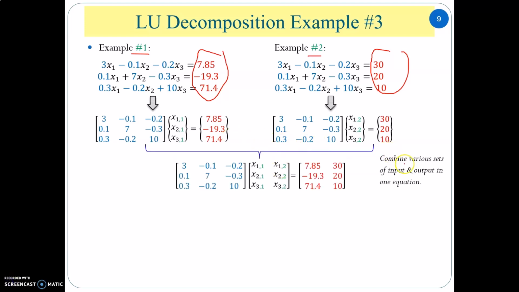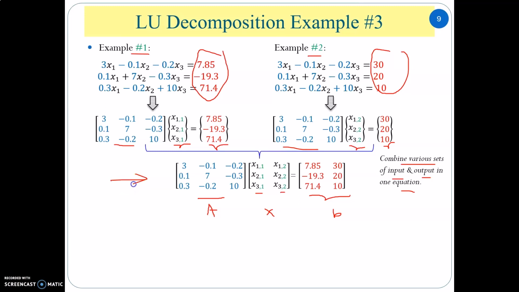We can also combine various sets of input and output in one equation. So for example, since the system matrix remains the same, you only have one matrix A here, and your matrix X is combined from the first input and second input, which are written in these two columns, and your output 1 and output 2 are written over here.